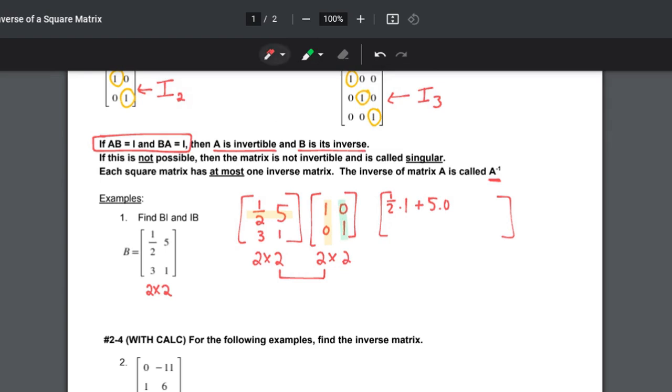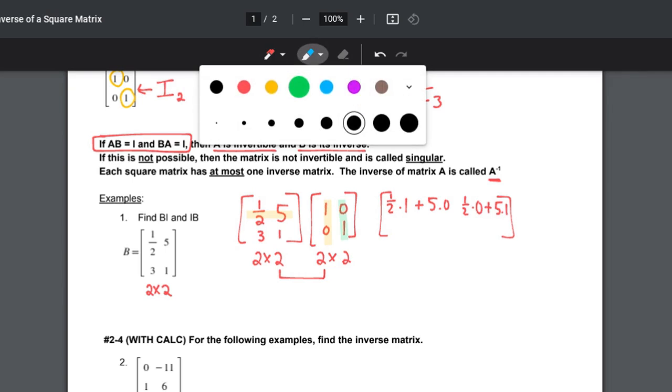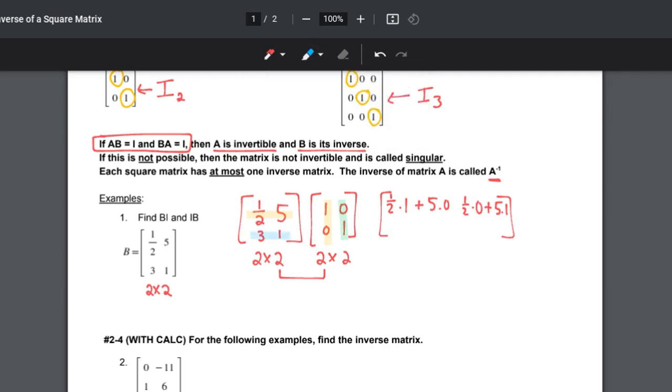So we're going to do 1/2 times 0 plus 5 times 1. Then we go on to the next row, the row with the 3 and the 1 times the 1 and the 0. So 3 times 1 plus 1 times 0. And then we distribute the 3, 1 row to the column with 0, 1. So 3 times 0 plus 1 times 1.